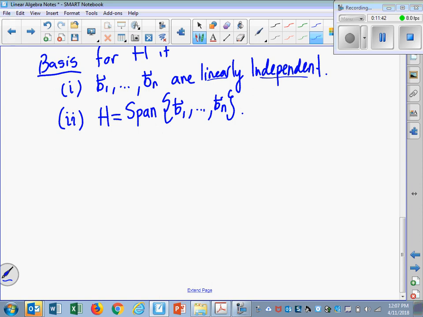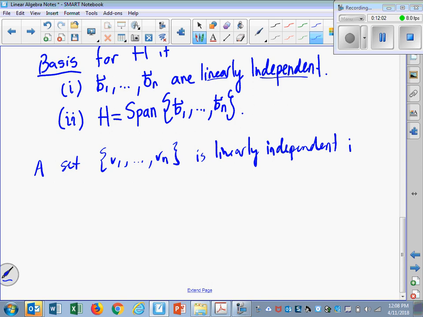We take a set v1 through vn, n vectors, and we say it is linearly independent if, remember the dependence relation, c1v1 plus c2v2 all the way through cnvn is equal to 0.